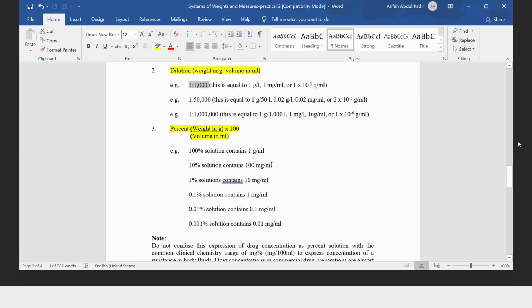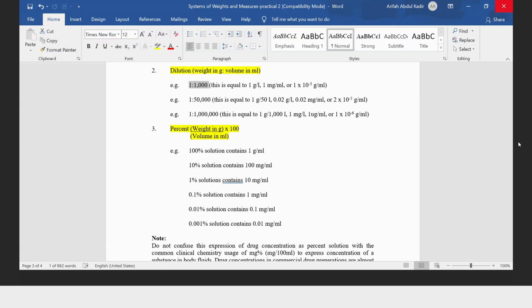But how I got 100 milligram is I convert the 0.1 gram to milligram. 1 gram is how many milligram? 1 gram is 100. Are you sure? That's wrong. Wait a minute, doctor. 1 gram is how many milligram? These are the basic things that you must know by fingertips. 1,000.